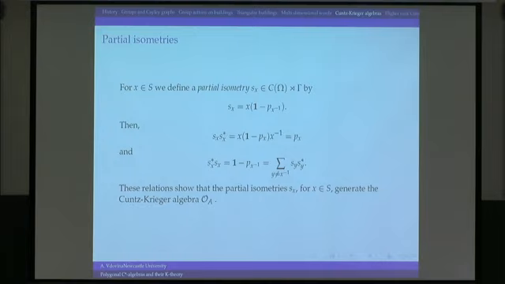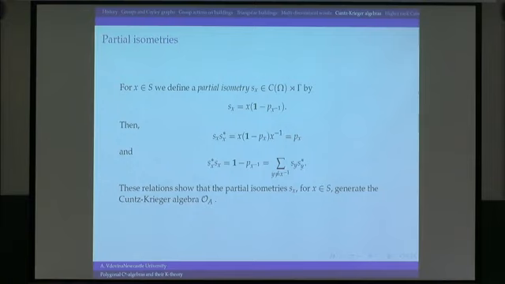In fact, the partial isometries of them in the Cuntz-Krieger algebra, you can define as partial isometry between finite words having the final element, such that the final elements coincide, right?